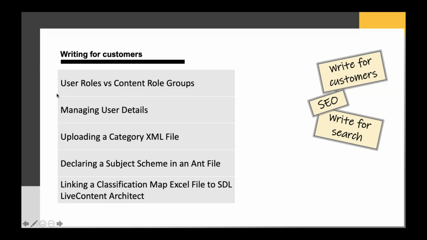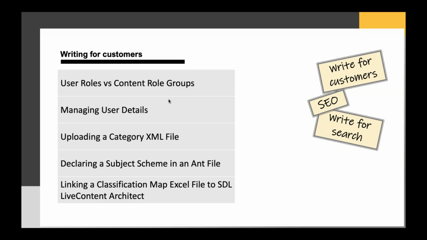So here's the title of a topic. It's called User Roles versus Content Role Groups. Now, I don't know if you know what a content role group is, but before I joined Zoomin, I didn't know what a content role group was. I know what a user role is, but I have no idea what difference it would make. And when I'm thinking about writing for customers, well, this is not really something I'm going to be searching for, is it, as a customer?